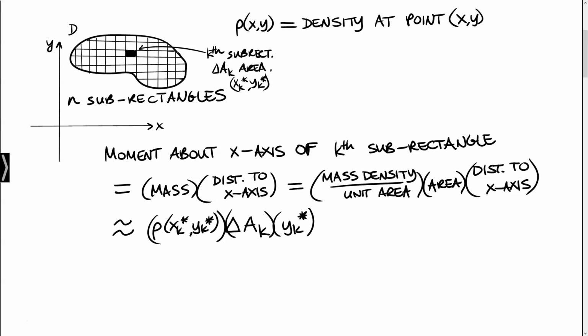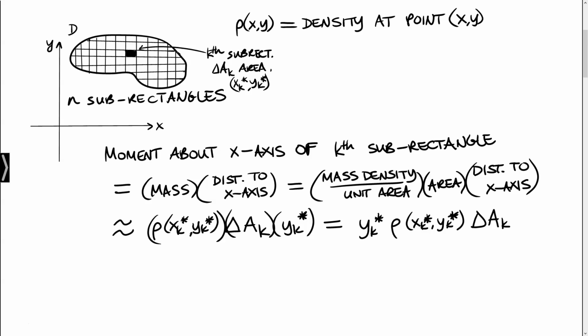So what we end up with is, if I rearrange this a little bit, I could write it as yk star times rho at the sample point times delta A sub k. Okay, now that's an approximation for the moment of just the mass that represents this little subrectangle.